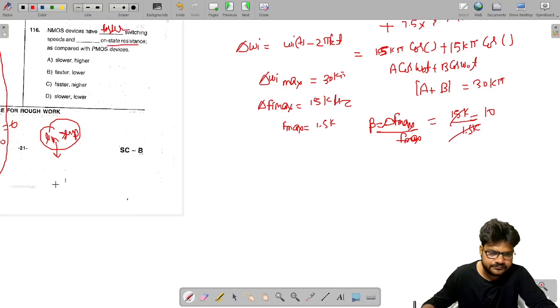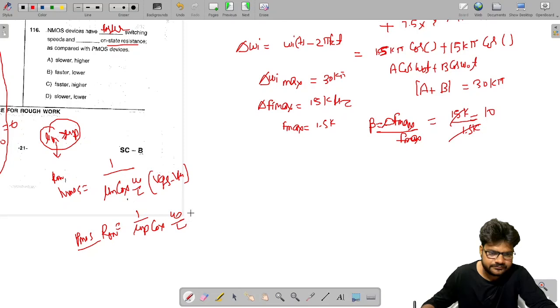And on state resistance, we know on state resistance for NMOS is going to be 1 by mu n Cox W by L (VGS minus VT). So this is for NMOS, and for PMOS this R on is going to be 1 by mu p Cox W by L (VGS of PMOS minus VT).